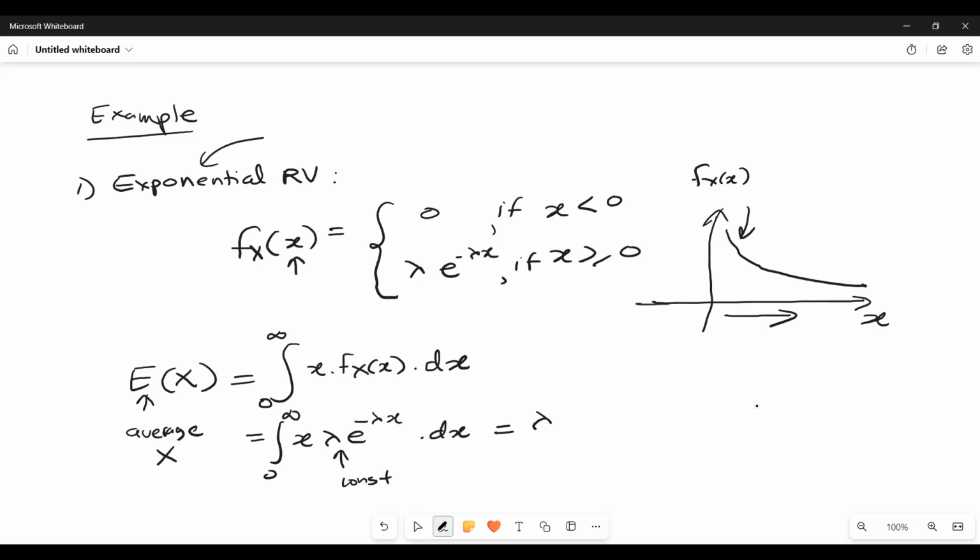I can take the lambda value out, and I will have to deal with the integration that is remaining in here, which is x into e to the minus lambda x into dx. Okay, so I need to find the integration here. If I know the integration here, I will be able to find ex.